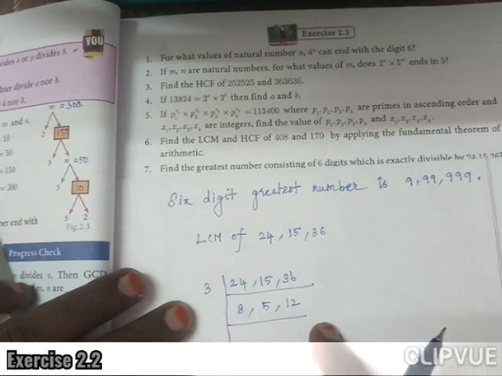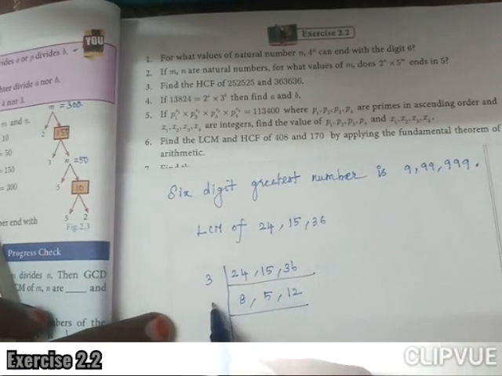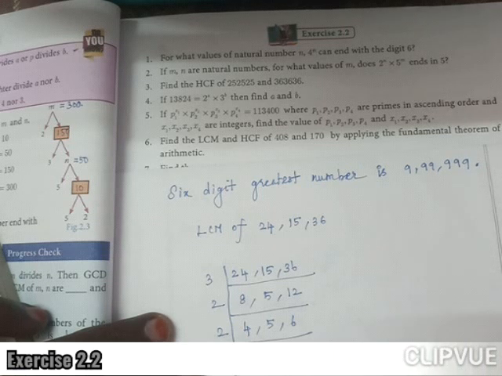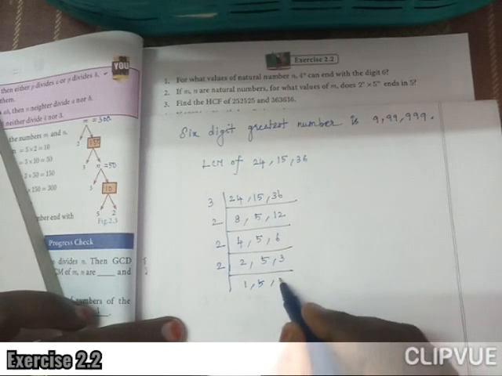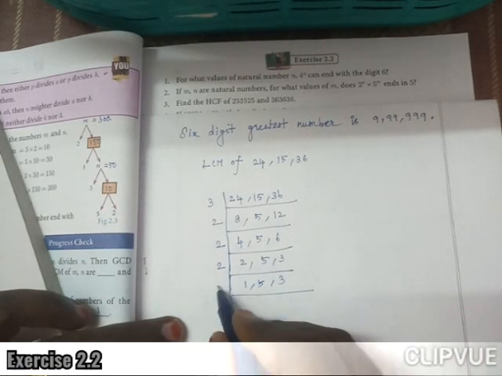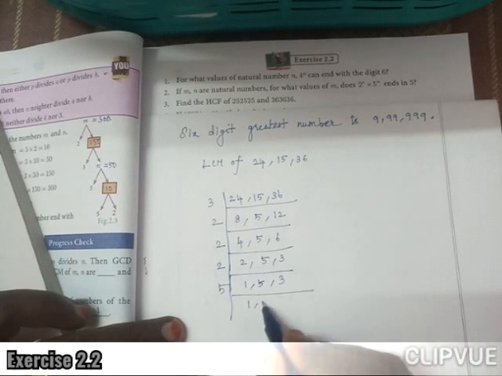There is no number that can divide all these 3 numbers, so we do it one by one. If you take 2, this 2 can divide 8 and 12. So 4 here, 6 here, and 5 as it is. Again 2: 2 here, 3 here, 5 same. Now 1, 5, 3, and 1, 5, 1, 1.